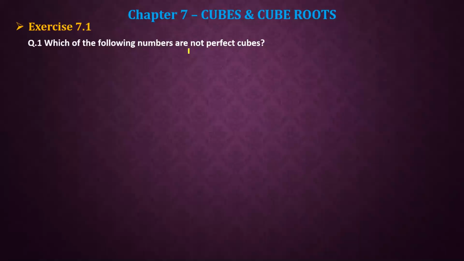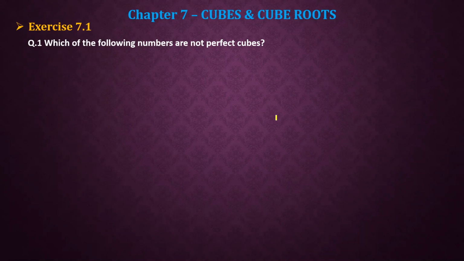That means it is repeating 3 times. So in other words, we get the triplets of each prime factor for the given perfect cube number. If for the given number each prime factor is not repeating 3 times, then you can say that number is not a perfect cube.